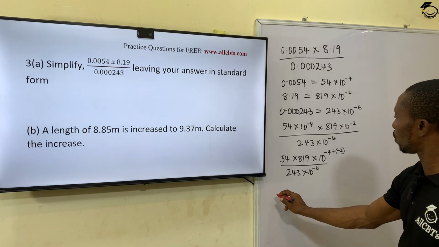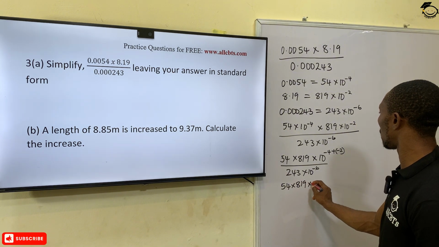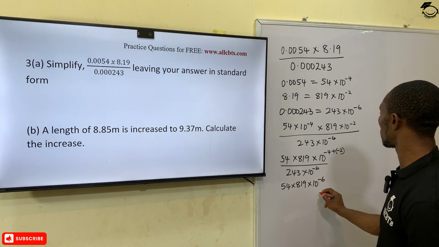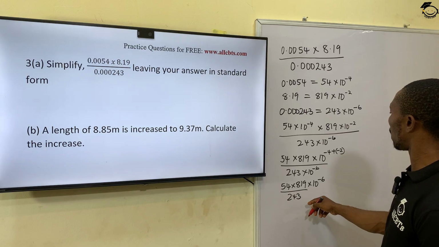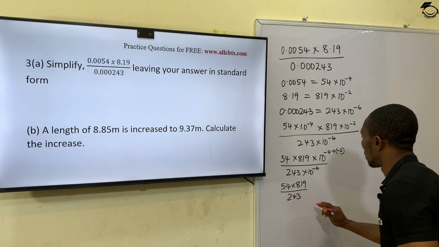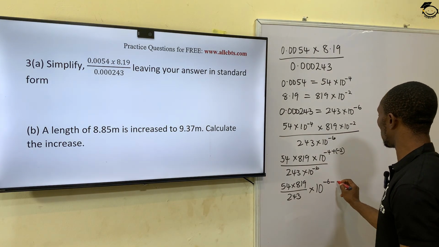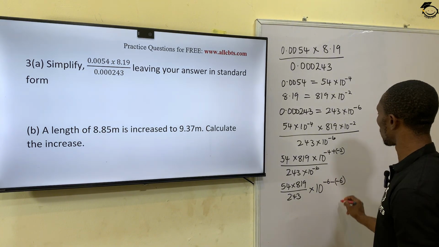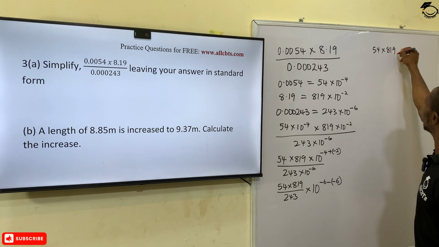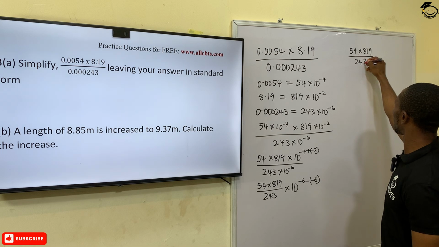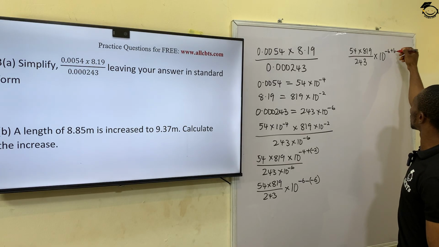So from here, we would have 54 times 819 times 10 raised to power minus 6 all over 243 times 10 raised to power minus 6. This division will turn to minus 6. So next we have 54 times 819 all over 243 times 10 raised to power minus 6 plus 6, which will give us 0.